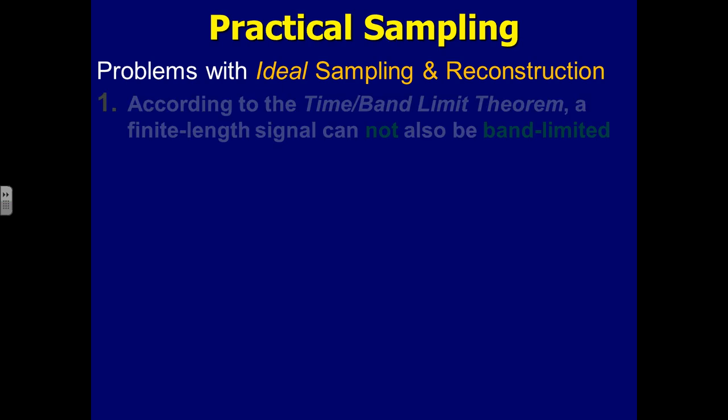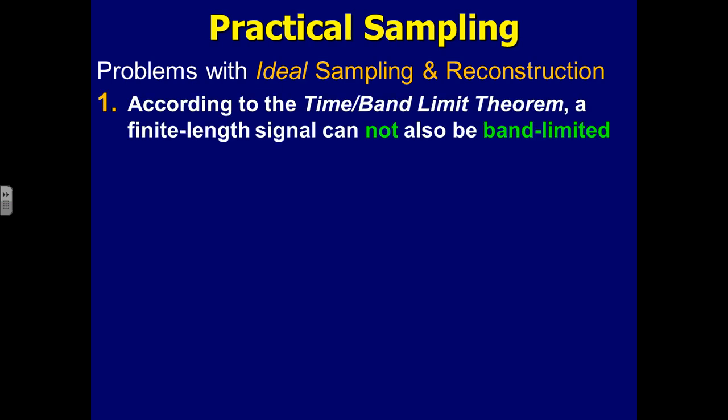So what are the problems with ideal sampling and reconstruction? What are some of the practical things that come into play when we sample real-world signals? Well, first there's a theorem, the time bandwidth theorem, that says if a signal is finite in length in the time domain, it cannot be finite in width in the frequency domain.